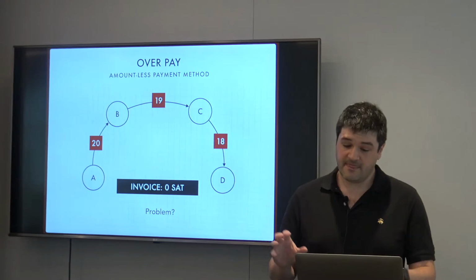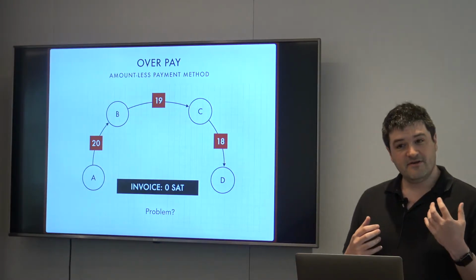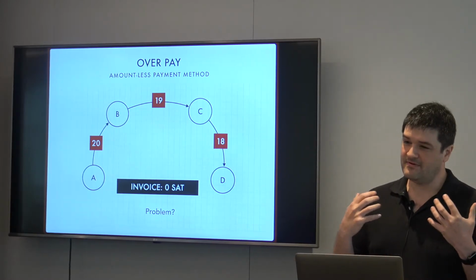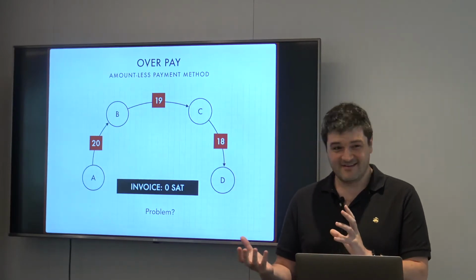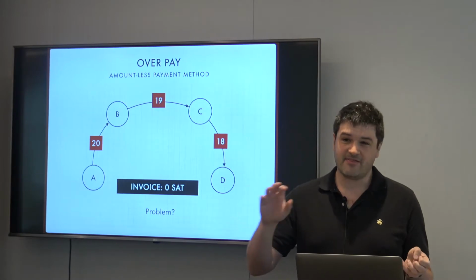So C doesn't know what the hop hints contain. So you could get some extra information to D to tell it what's going on there, and then it will be harder to also fake the payment.